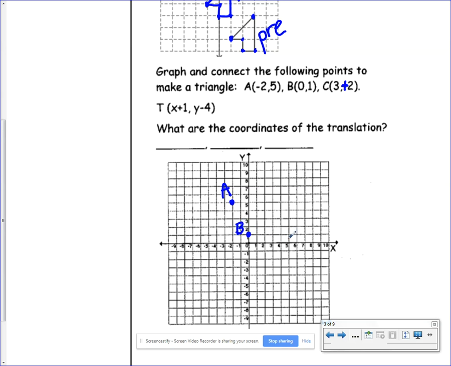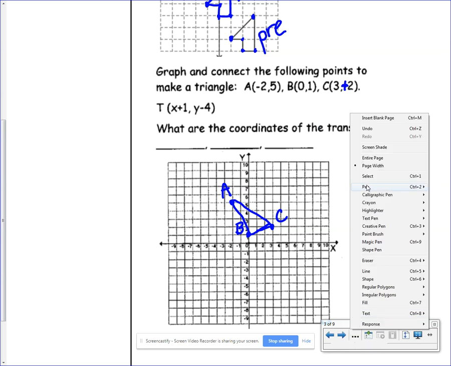Here's B. C is 1, 2, positive 3, up 2. See, if I had left C with a y coordinate of -2, that would hardly look like a triangle anymore. So my bad. All right, connect this so that we can see what our original triangle looks like.